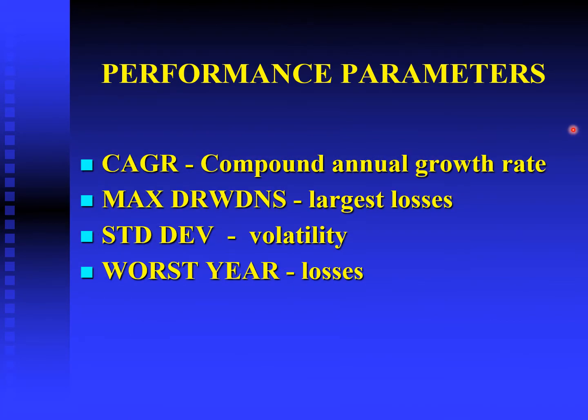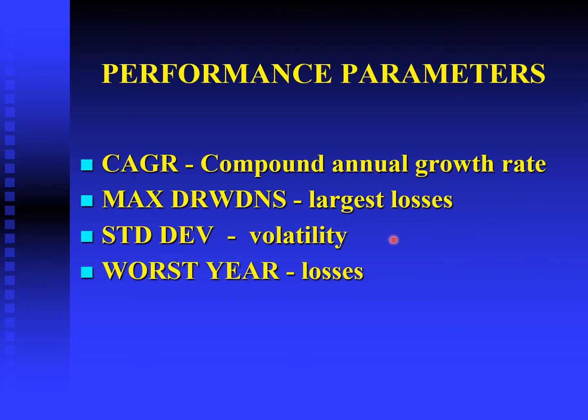I will show the performance of these portfolios since 2008, and I will use the following parameters, which are computer generated, of course. They will show the compound annual growth rate, which is the annualized growth rate of the returns. What has been the largest loss of this portfolio, considering that there have been 2 major bear markets plus other pretty sharp corrections.